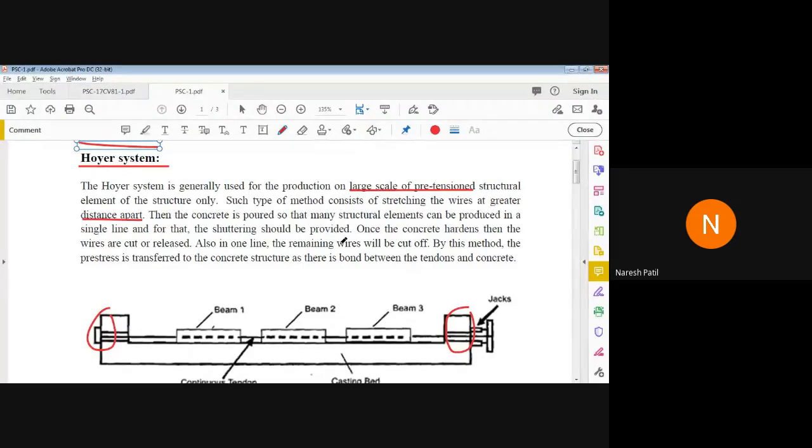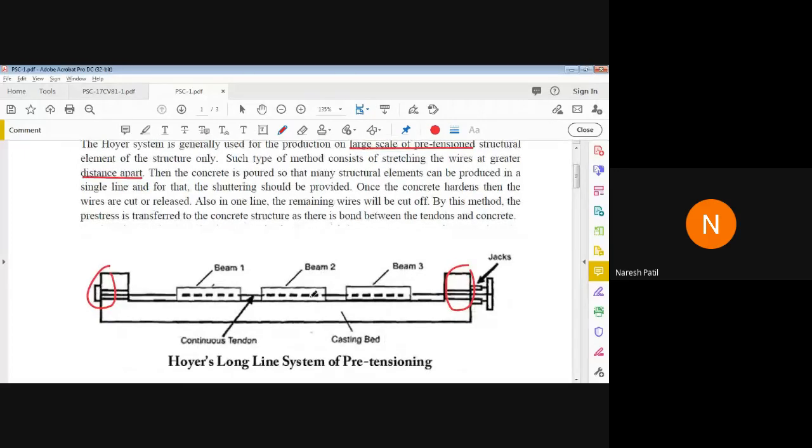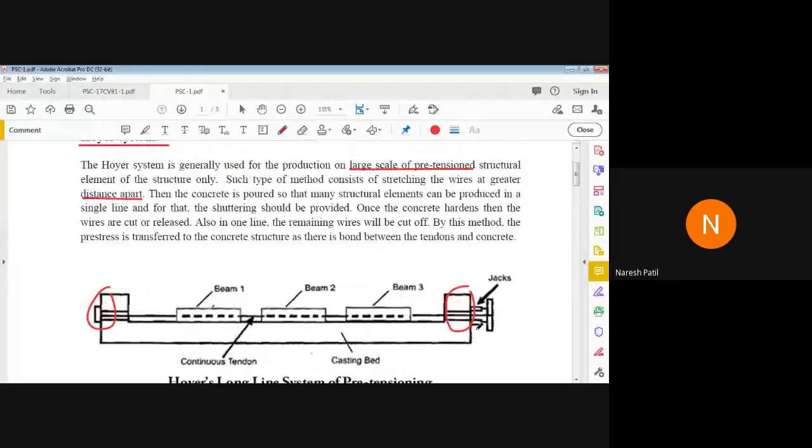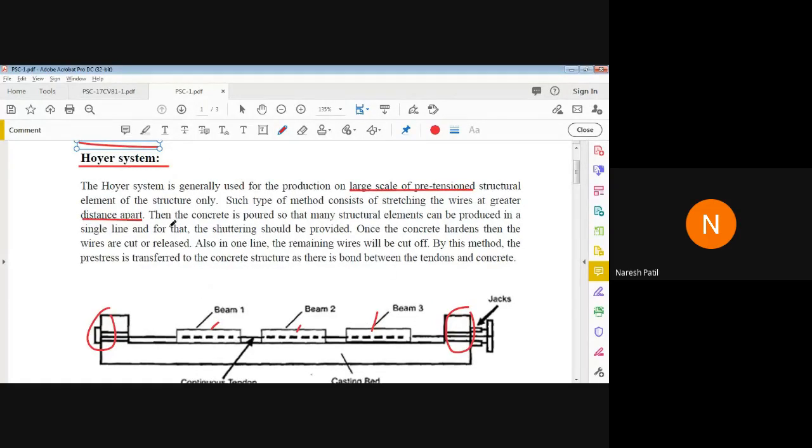The large span, or the distance between the ends of the pre-stressing system, will be more, and in between that the number of elements will be cast and the concrete poured into them. You can see here beams 1, 2, 3 have been cast. The shuttering should be provided on site for the number of elements.